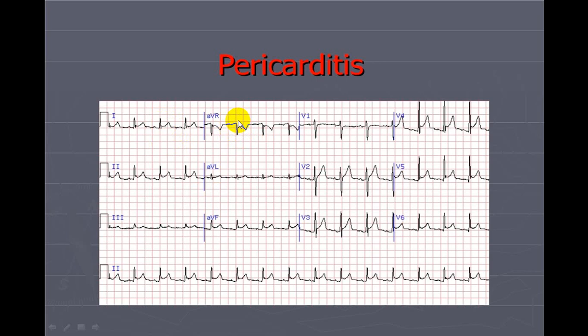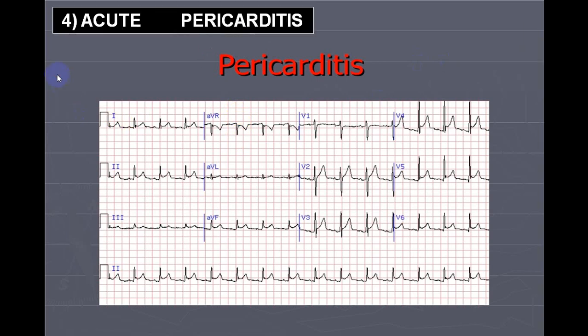So PR segment is pulled upward and there is an ST depression. So whenever you get PR segment changes upward, we call elevated, associated with ST depression, it is a finding in favor of pericarditis.